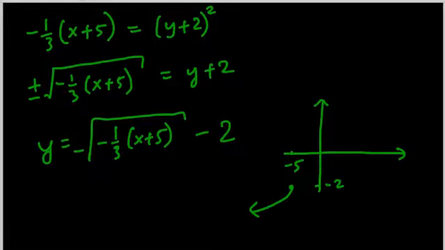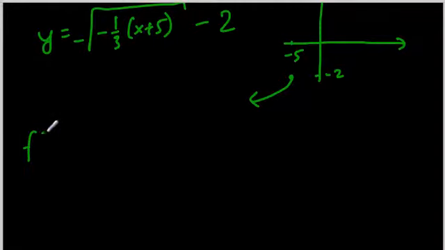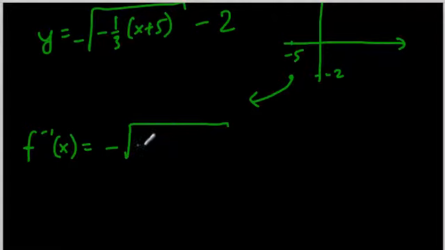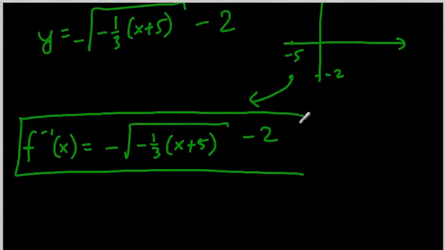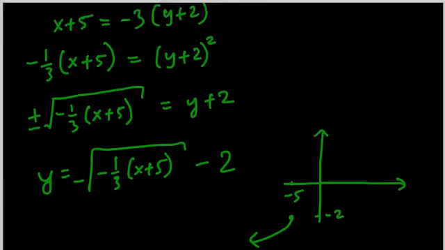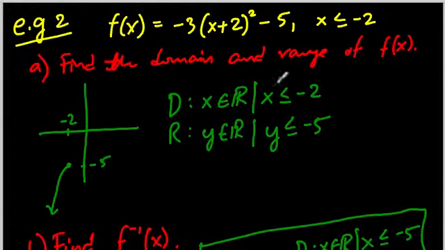So my final answer is that f inverse of x is equal to negative the square root of negative 1/3 (x plus 5), minus 2. And that is my answer.